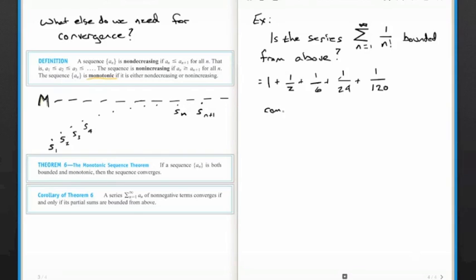So compare to, how about this one? 1 plus 1/2, and so far that's looking pretty similar, plus 1/4 plus 1/8 plus 1/16. All right, this one keeps going on forever. This one keeps going on forever. This one, however, we know this is geometric. So let's make a little parenthetical statement here.